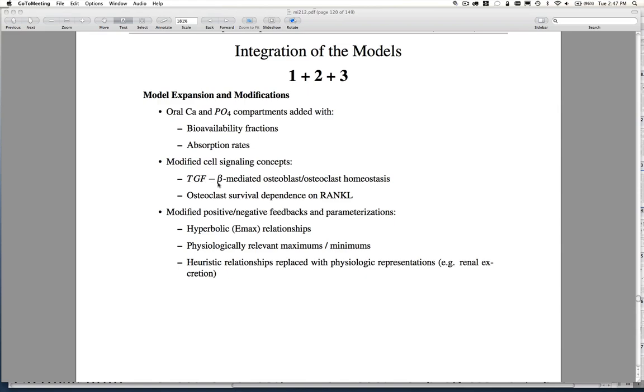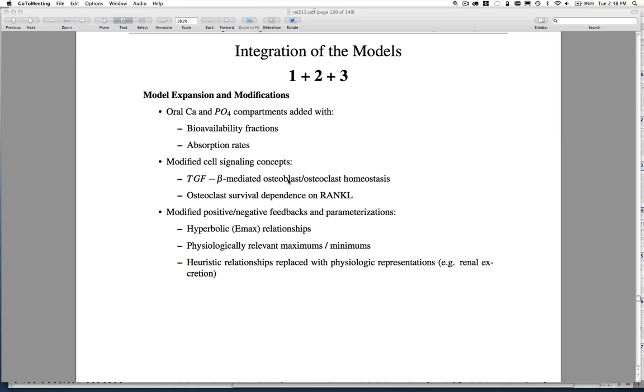Things like TGF-beta, which is one of the cell signaling pathways inherent in regulating osteoblast and osteoclast differentiation, had to be put into the model. At the time, the Lemaire model that I had given the reference for on the previous slide was developed when this RANK ligand OPG system was really only first beginning to be understood.